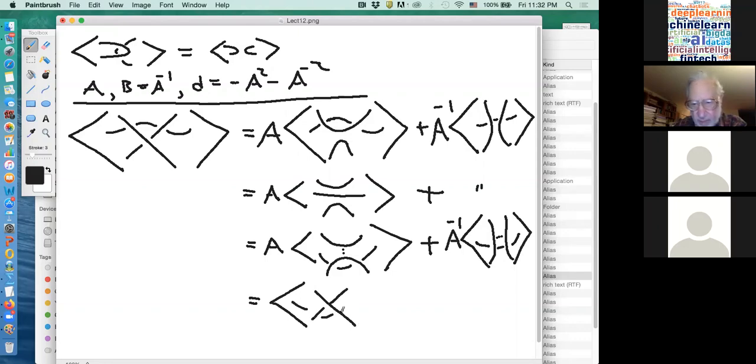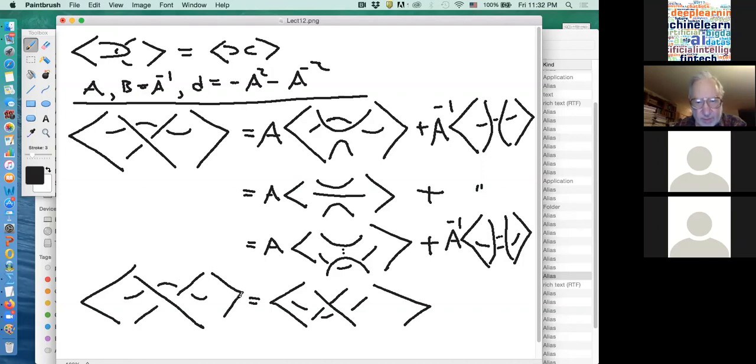In other words, we have proved that it's invariant under the third Reidemeister move. Check. So we now know that if we make this specialization, we have a function that we can compute from a knot diagram, which is invariant under both the second and the third Reidemeister move.